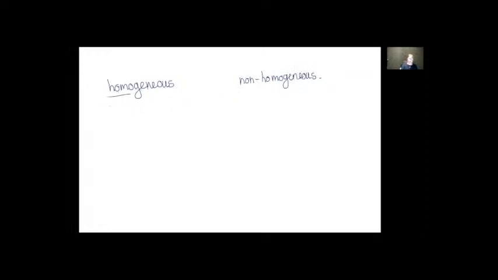Okay, so very big words, and here's what they actually mean. Homo means the same. So this is a mixture that looks the same throughout. Non-homogeneous mixtures are mixtures that don't look the same.